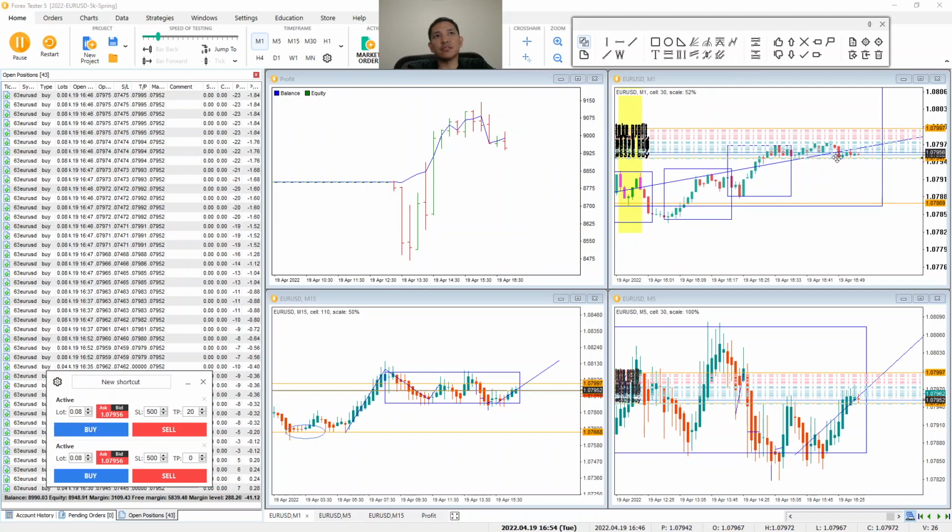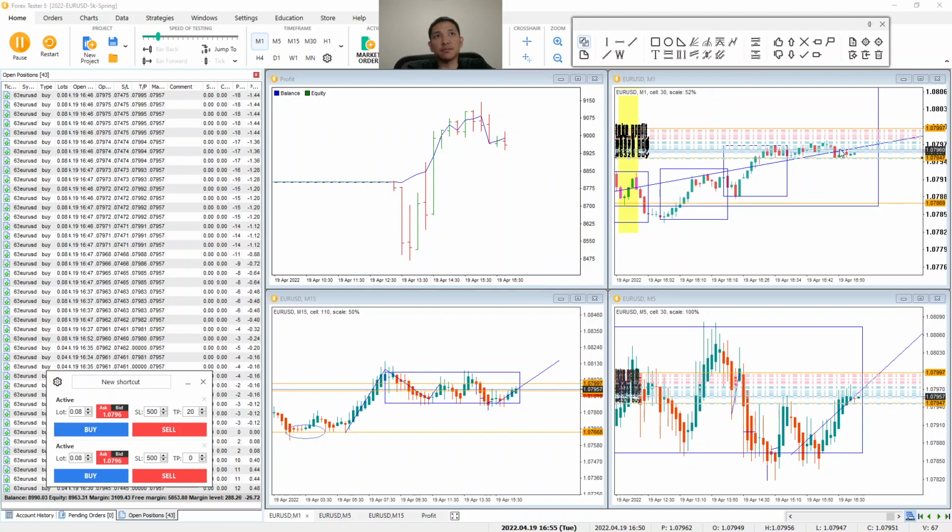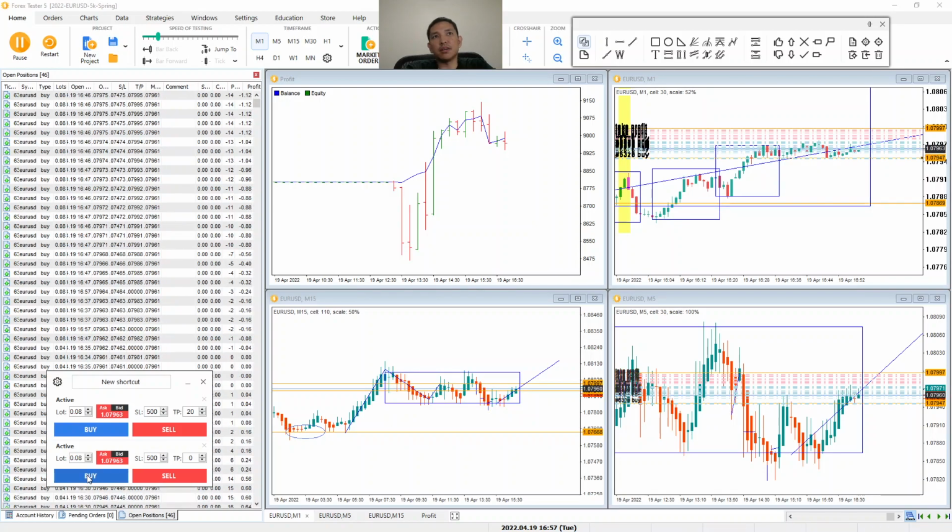And this is not a good sign though, because it came down, and now that's a better sign. This M5 is a continuation pattern. So I'm gonna add to the buys with 0 TPs.